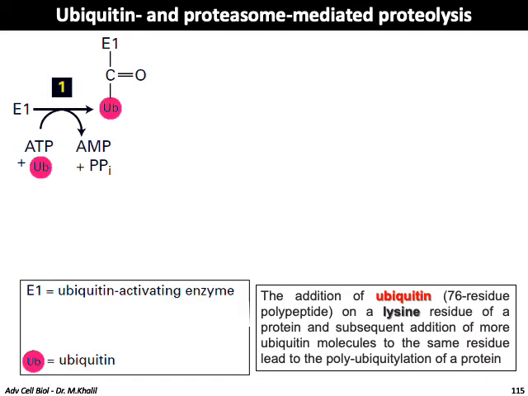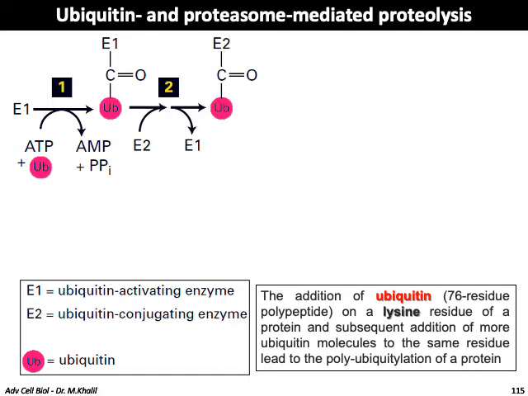It starts with the ubiquitin activating enzyme that adds ubiquitin, a small polypeptide of about 76 amino acids, on the lysine residue of a protein, and after that there is a subsequent addition of more ubiquitin molecules to the same residue, leading to the polyubiquitination of the protein. This needs energy in the form of ATP, and after the E1, the ubiquitin activating enzyme, comes the engagement of E2 and the release of E1. E2 is a ubiquitin conjugating enzyme.